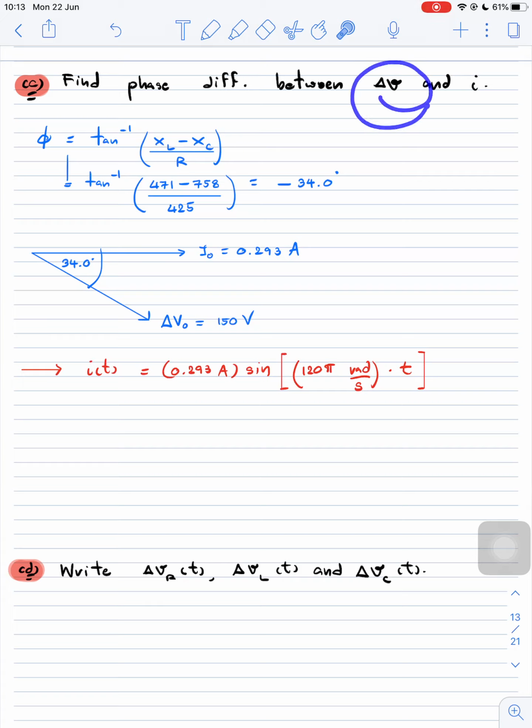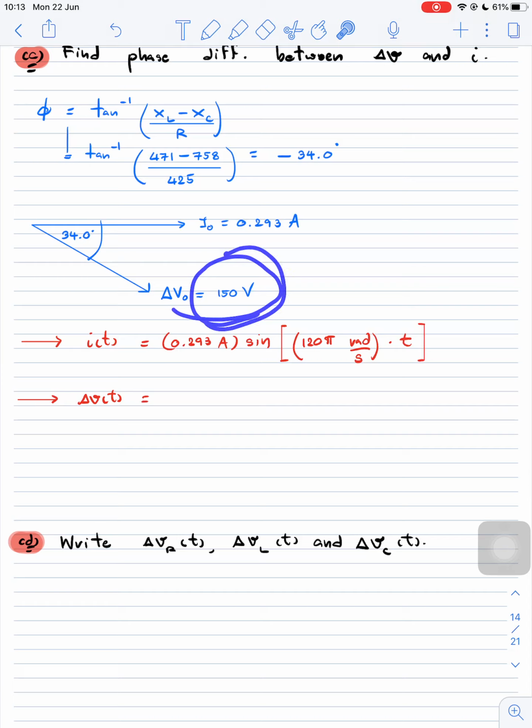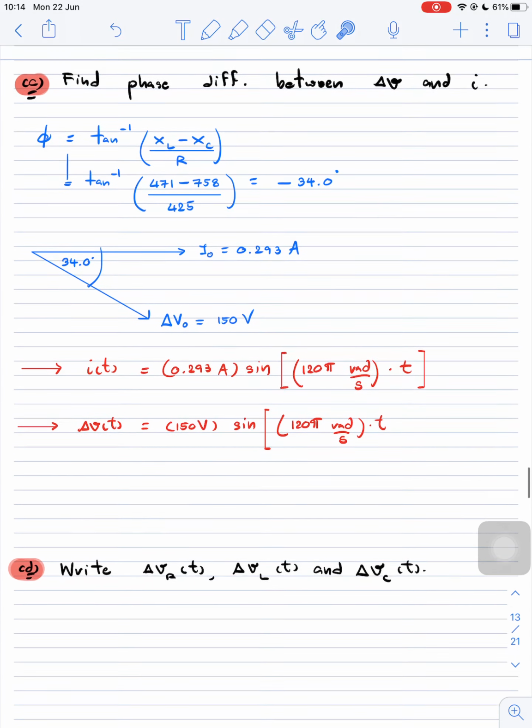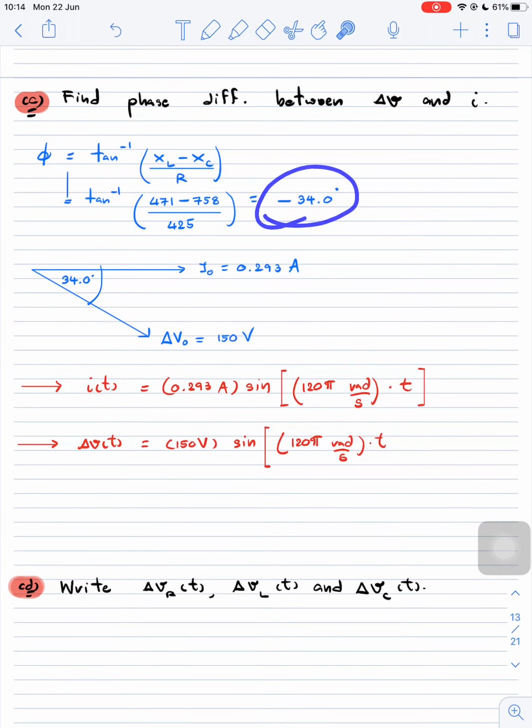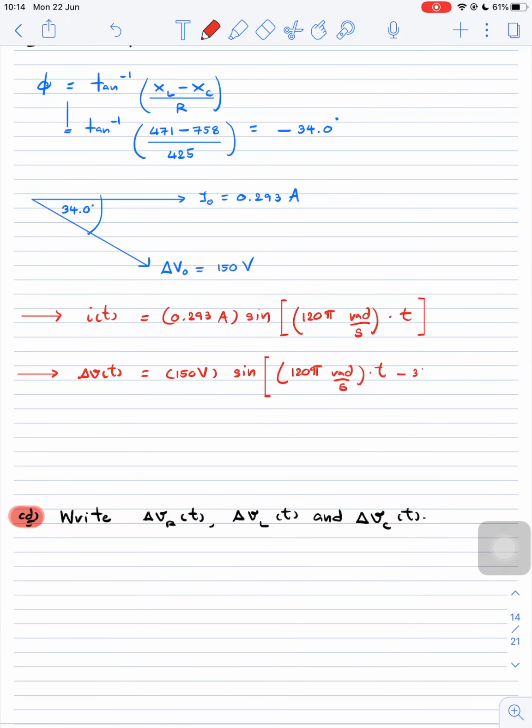How about delta V, the potential difference across R, L, and C? Here delta V of t is equal to the maximum value, 150 volts, times the sine of omega t, where omega is 120 pi radians per second, times t, plus phi, the phase difference between delta V and I. But in this case phi is negative 34.0, so here we have minus 34.0 degrees.